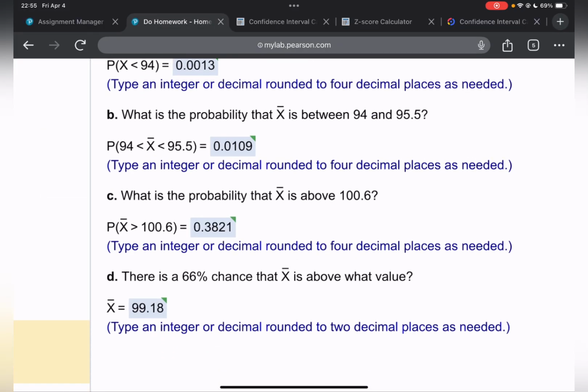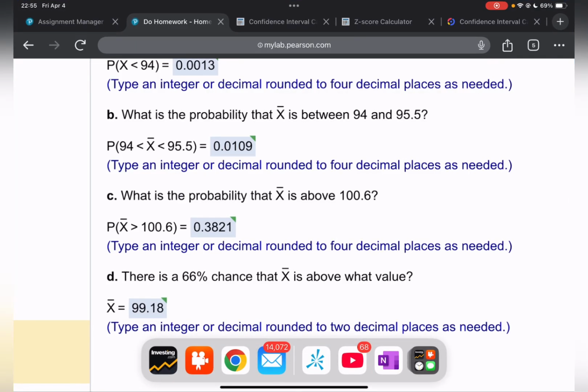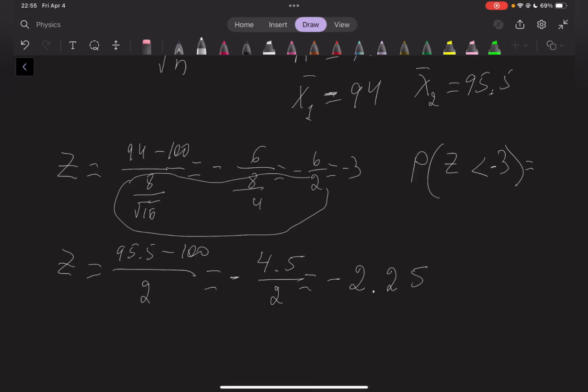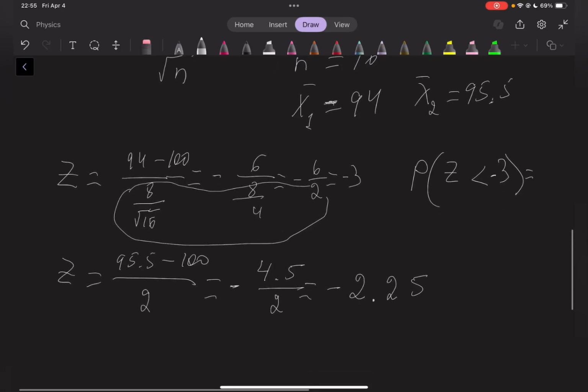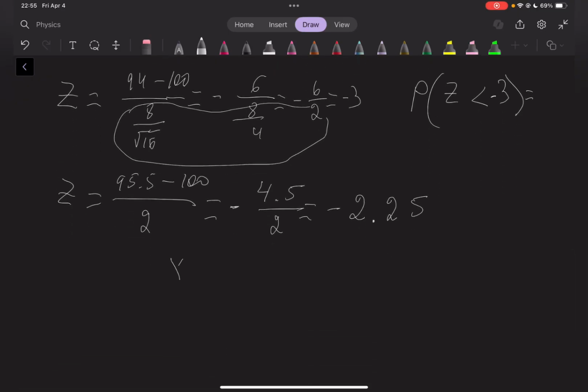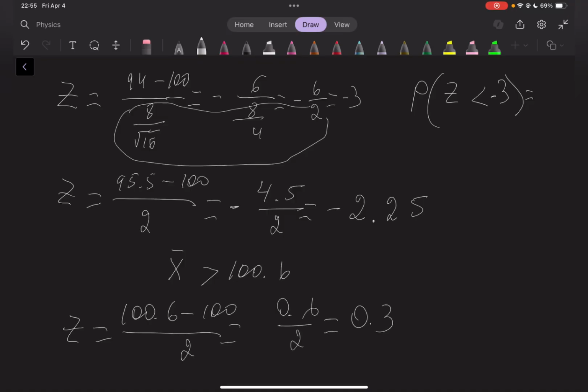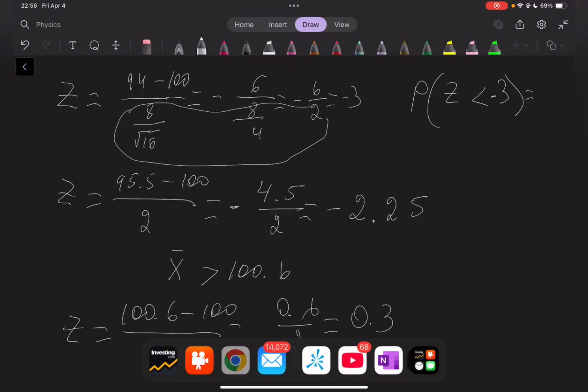And the other one is x bar is above 100.6. So 100.6, you are plugging, let's say in this case, x bar, it has to be greater than 100.6. So you plug again 100.6 minus 100 divided by these 2, and we get 0.6 over 2, we get 0.3. So we put z-score, it's greater than 0.3.